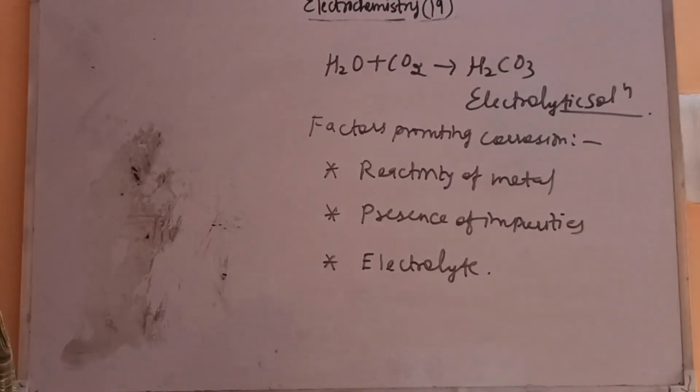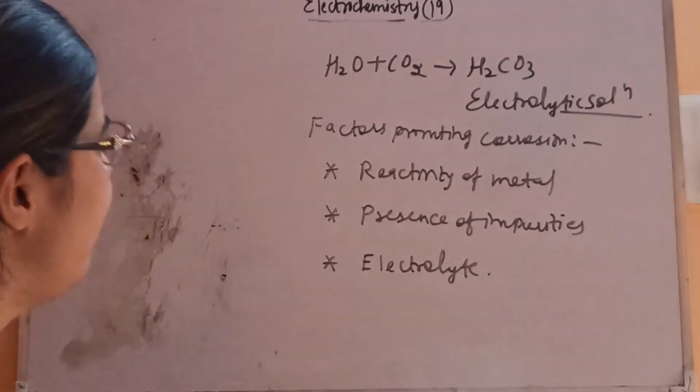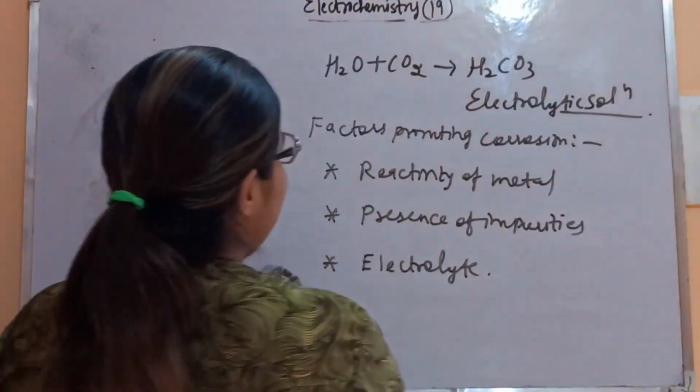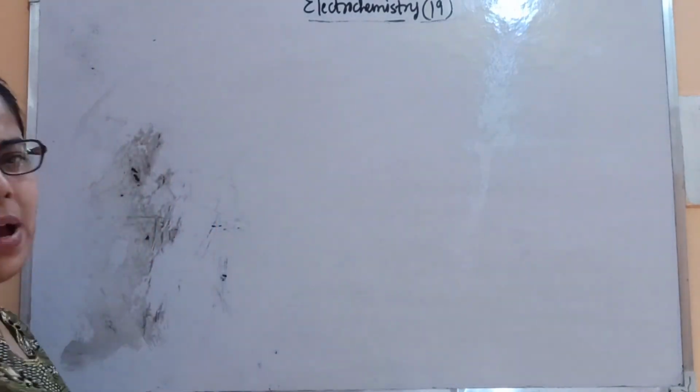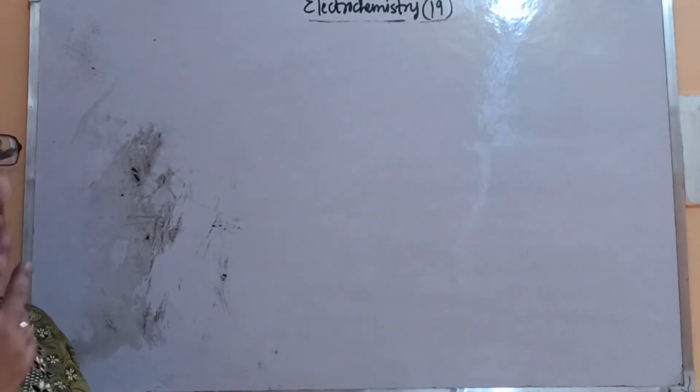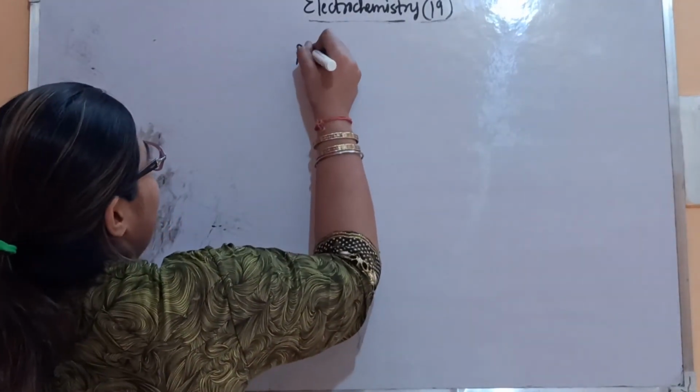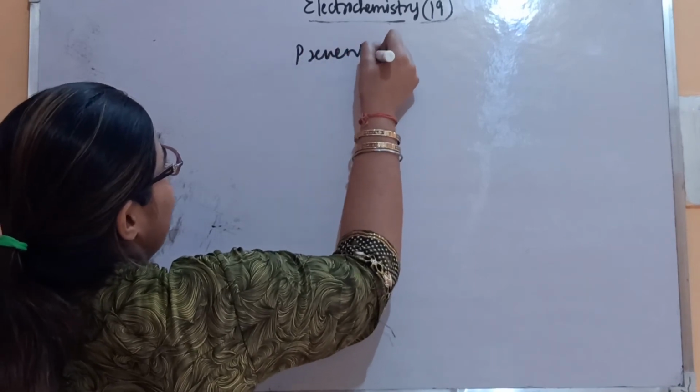Now let's talk about its prevention. How to prevent rusting, how to prevent corrosion, you know from your junior classes. Your answers will be this only: by oiling, by painting. So these are the methods of prevention of corrosion.